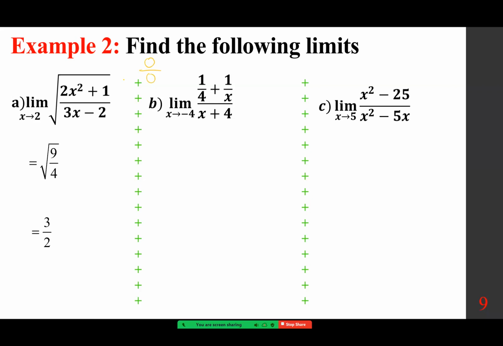You get 0 over 0. Please remember, 0 over 0 is not undefined, it's not 0. It's indeterminate.